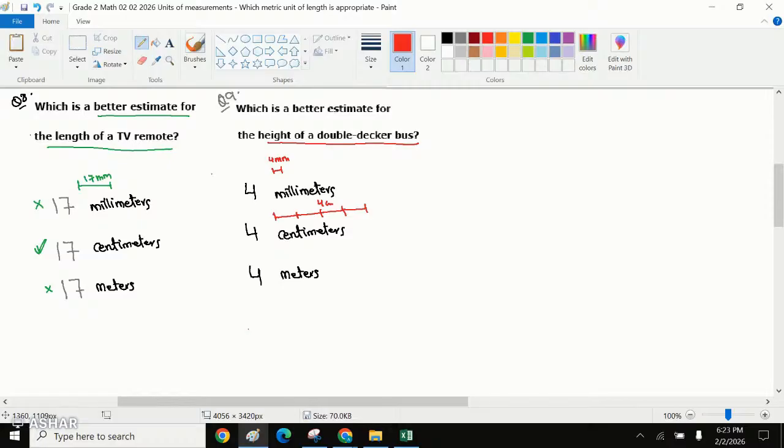Can this be the height of a double-decker bus? So we know that it cannot be millimeters. Yes, thank you. Perfectly correct. It would be 4 meters is a better estimate for the height of the double-decker bus.